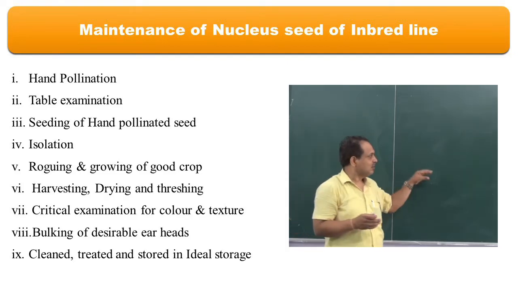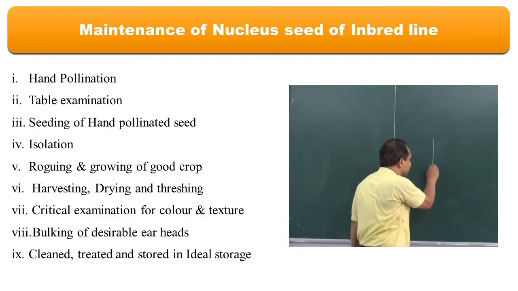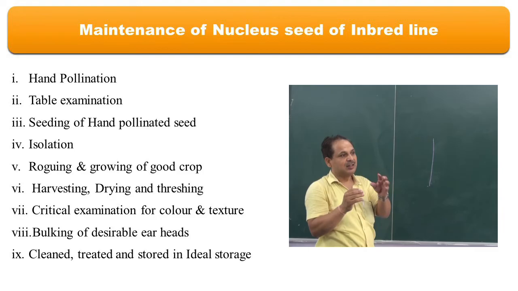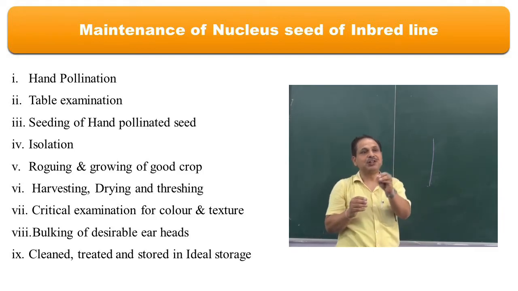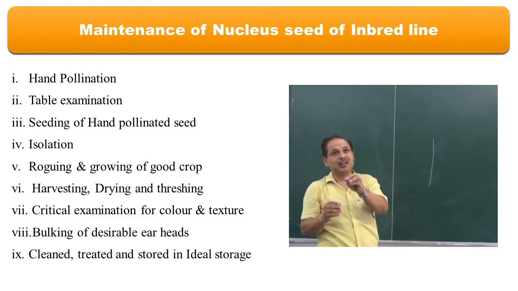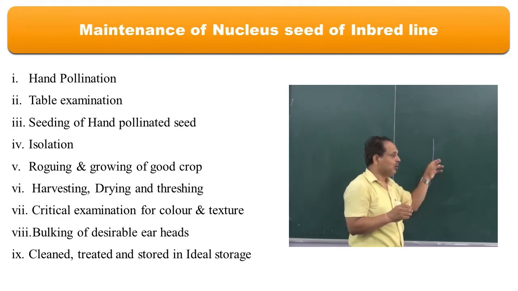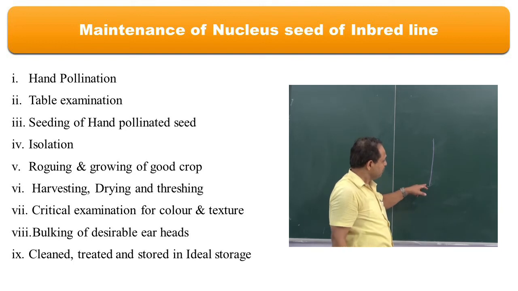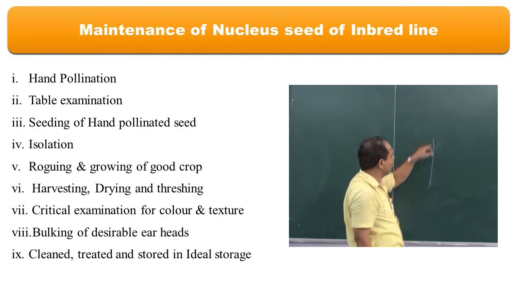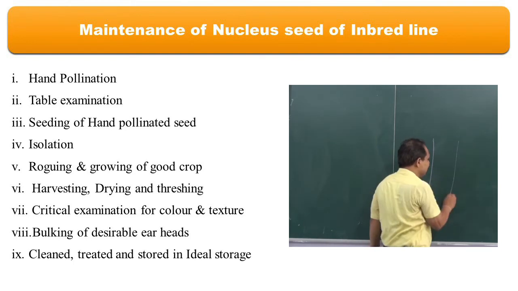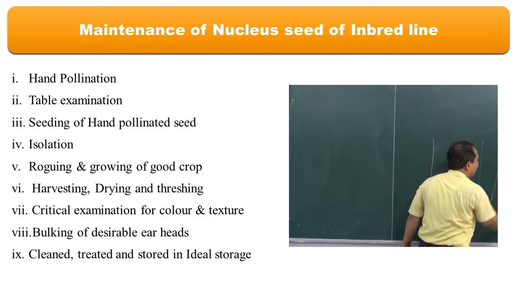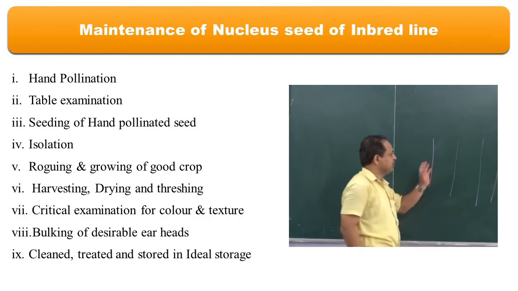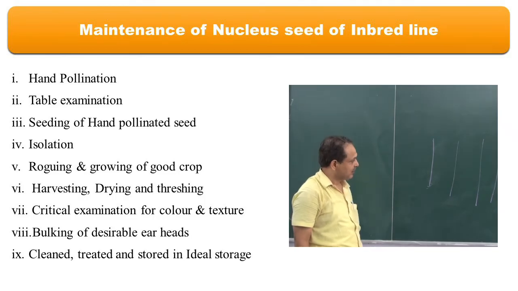We harvest the plants by the ear-to-row method. For the selected self-pollinated crops, the hand-pollinated crops would be grown in ear-to-row. The seeds of single plants are grown in a single row like this, and proper field inspection is done.